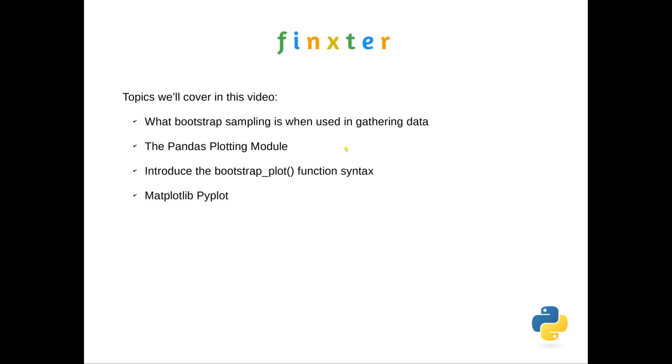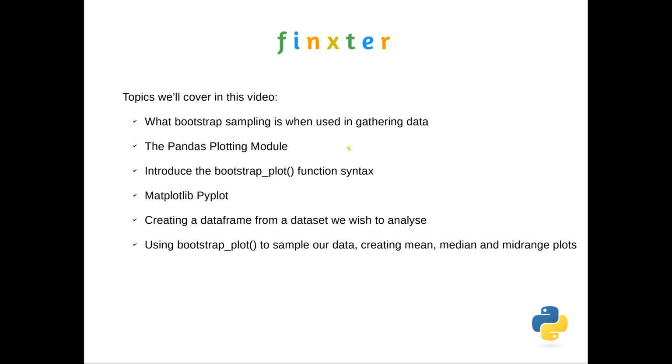We'll be using matplotlib pyplot to output the plots, and we will then create a data frame from a data set we wish to analyze, and then we'll just use the bootstrap plot to sample our data, and that creates a mean, median and mid-range plot. So it's a very simple function to use, not so simple in the background, but it abstracts a lot of information into a very usable format.